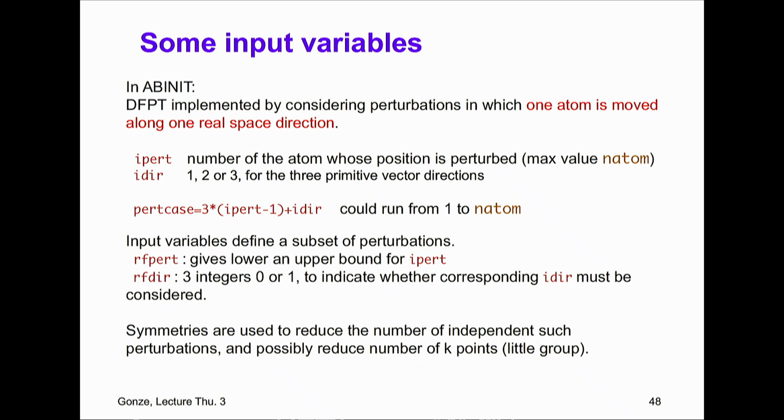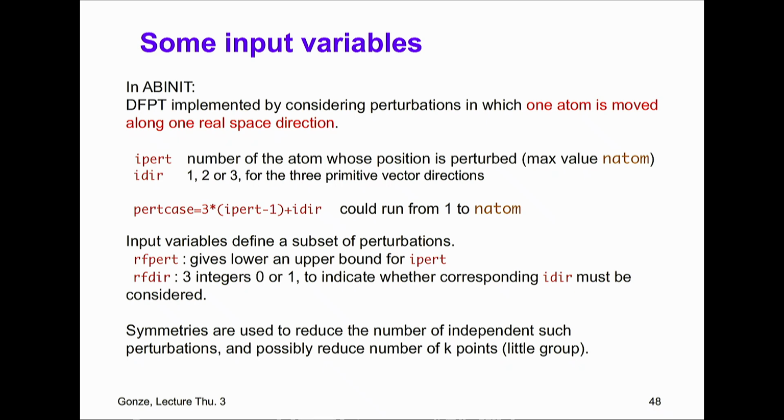In ABINIT, the DFPT is implemented by considering perturbations in which one atom is moved along one real space direction. If I understand correctly, Quantum-Espresso works with a symmetrized set of atomic displacements. I am not a Quantum-Espresso expert, but here we really compute the derivative of quantities with respect to one atomic displacement.